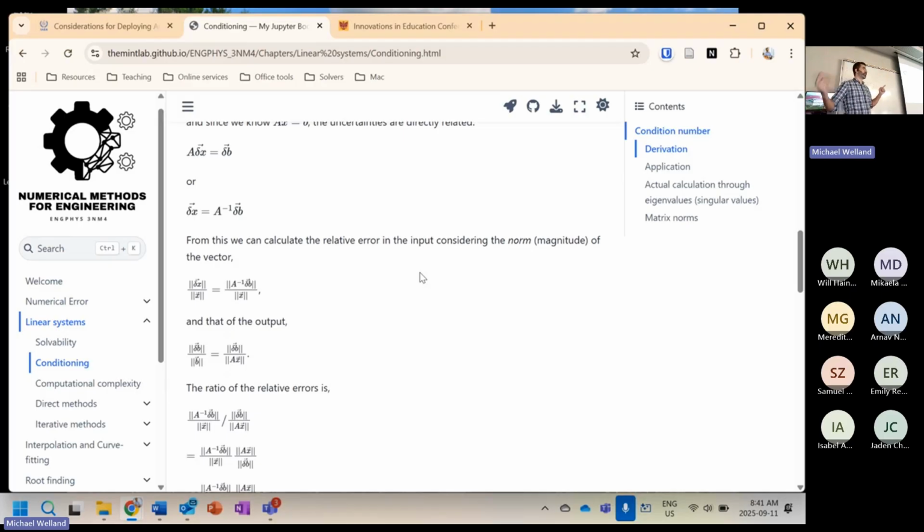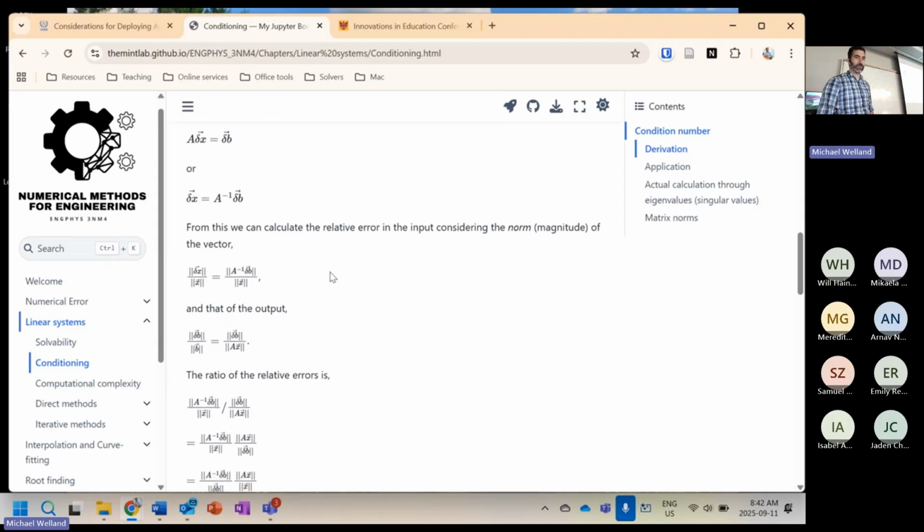There are other types of norms, including the L infinity norm. So I'll show you what the equation for norm is. The L2 norm is the Euclidean norm. Literally, you're taking the square root of each element squared, right? The infinite norm is the infinite root of each element raised to the power of infinity, which boils down to the maximum of your vector, right? That's a little bit of context, but you won't need to know that until you're actually programming this stuff and you come across it. Okay.